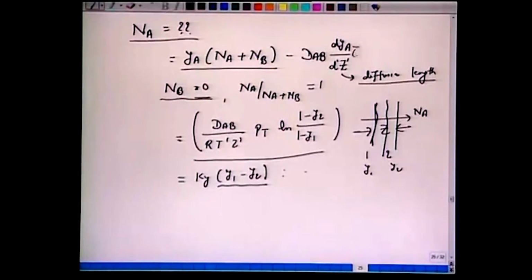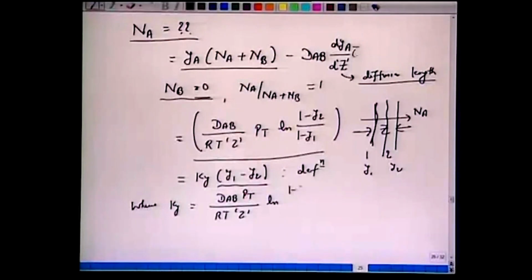This is the place where we defined mass transfer coefficient in our earlier class, where ky equals dAB Pt over RT z ln (1 minus yi) over (1 minus y). Okay. This is what we can write here. Ky is the mass transfer coefficient.